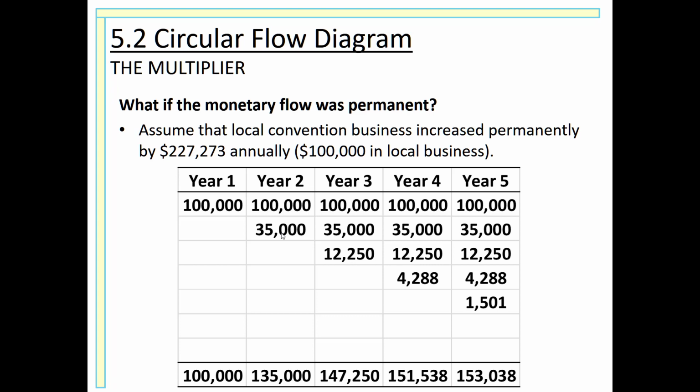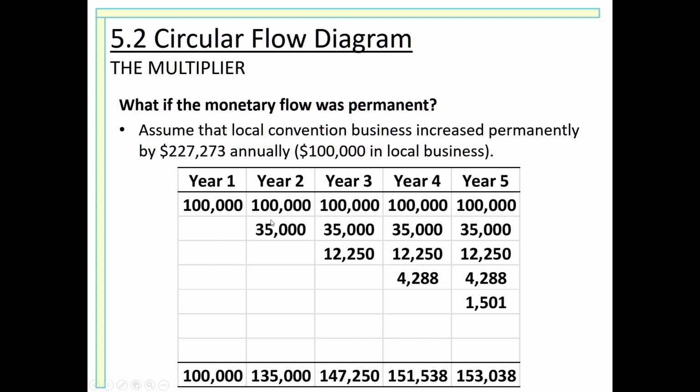So, recap here. That generated an extra income of $100,000. That was the first round because of the new convention center. And then in the second round, it generated $35,000, like we saw in the other example. However, in addition to that $35,000, the convention center has another conference.